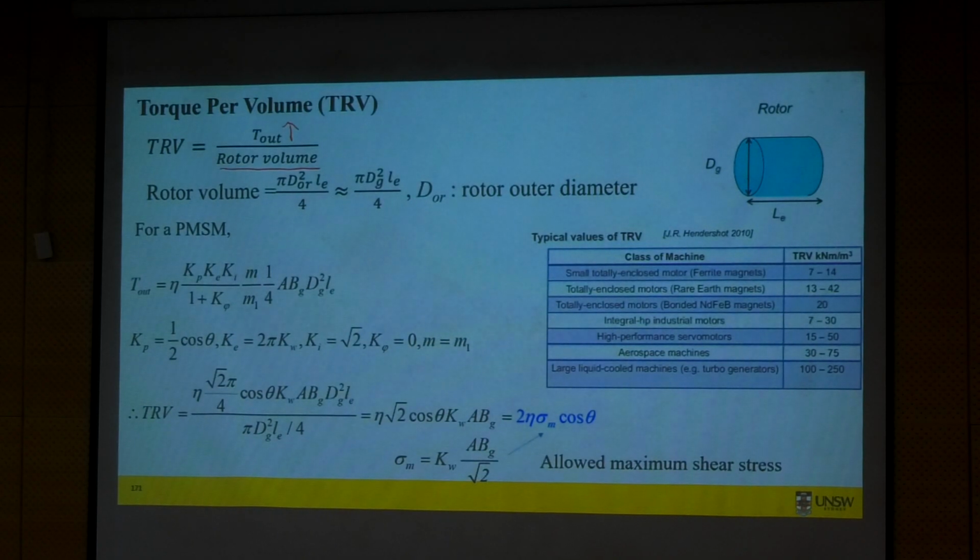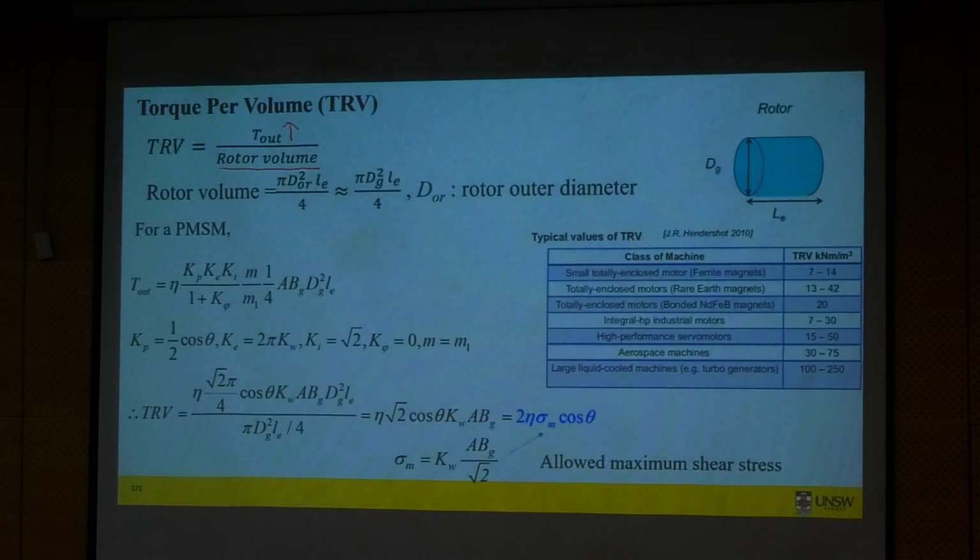Through this derivation, it can be shown that torque per volume, TRV, is proportional to the shear stress that we talk about.